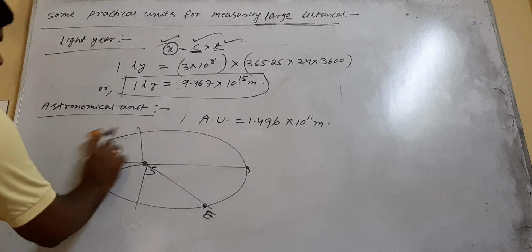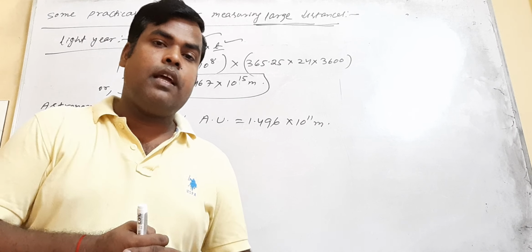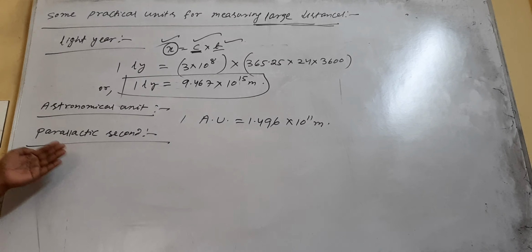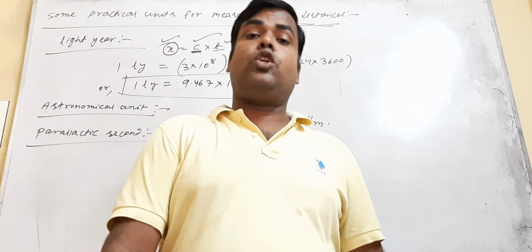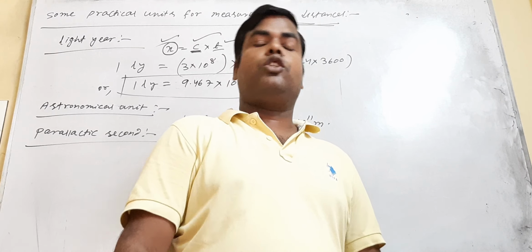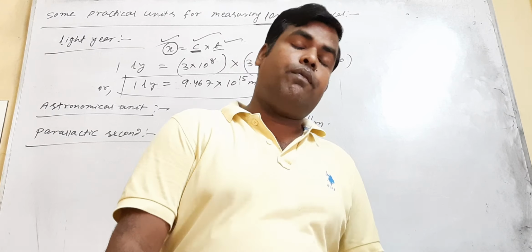It is also another unit to measure large distance, and you remember it is the largest unit of distance. What is this parallactic second? It is the distance at which an arc of length 1 astronomical unit subtends an angle equal to 1 second of arc.